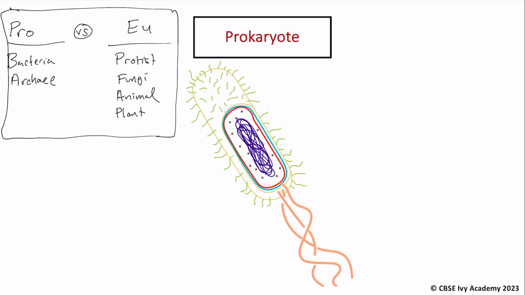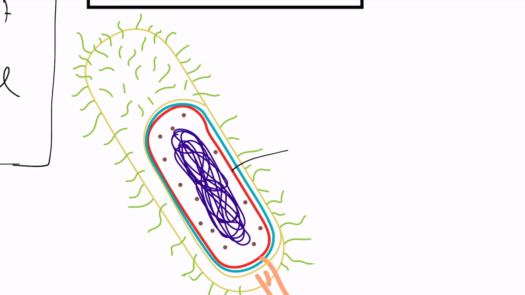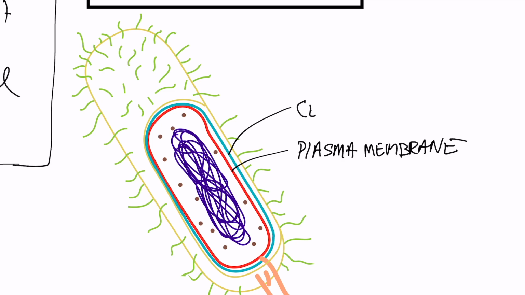So here are the basic components of the prokaryotic cell. In red, we have the plasma membrane, which encloses the cytoplasm. In teal, we have the cell wall, which is a rigid structure.